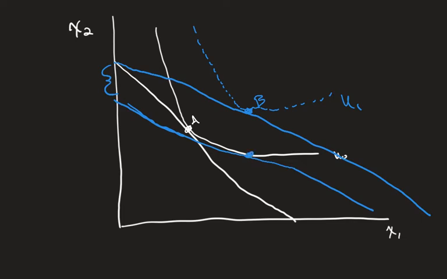When I take away that kind of money, I'm taking away the effect that results because you feel richer. And I'm leaving you then with just the effect of the price change. So we have this movement from A to C that we call our substitution effect. And then that movement from C to B that we call our income effect.